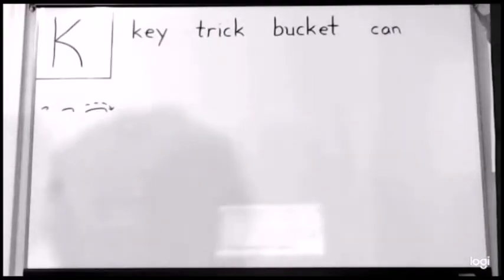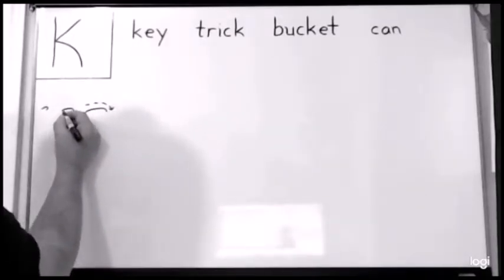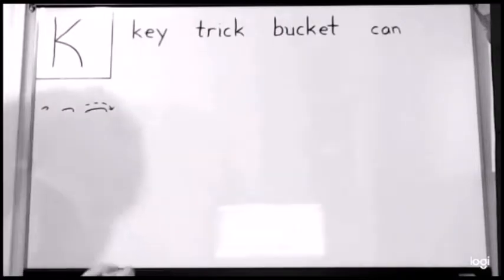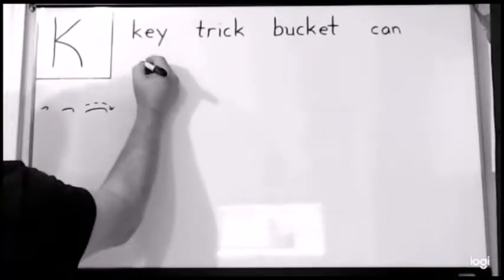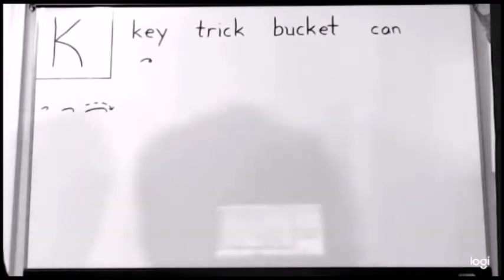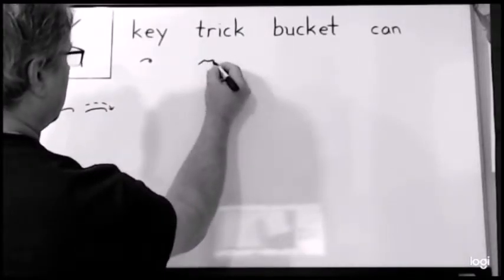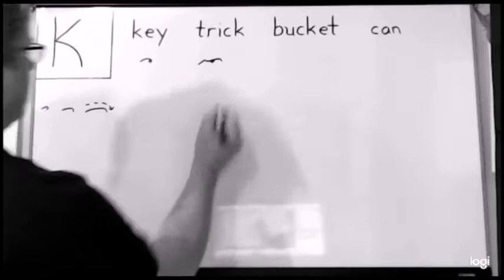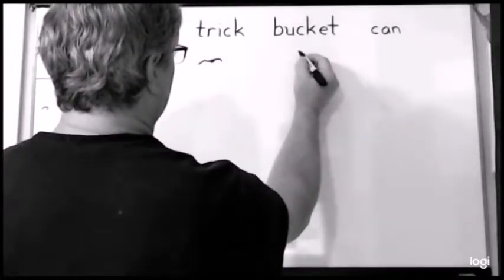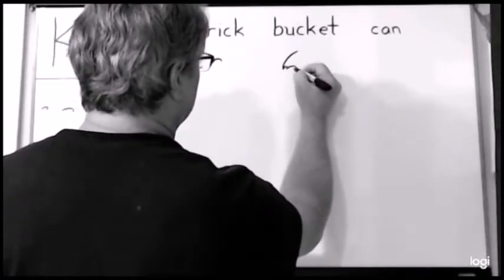The letter K is the medium-sized stroke that is written clockwise. So for the word key, we'll write the K and E. For trick, T-R, short I-K. For the word bucket, letter B, U-K-E-T.